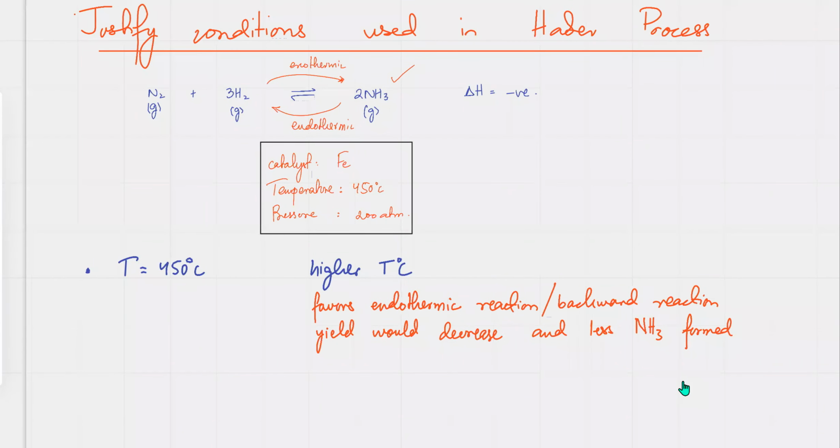So the next thing is, why do you not use a lower temperature? Because according to equilibrium, the lower temperature favors the exothermic reaction. The exothermic reaction over here is the forward reaction.